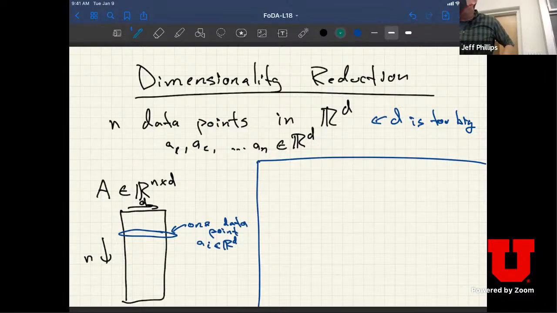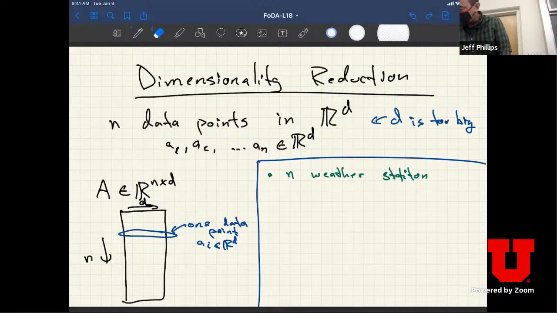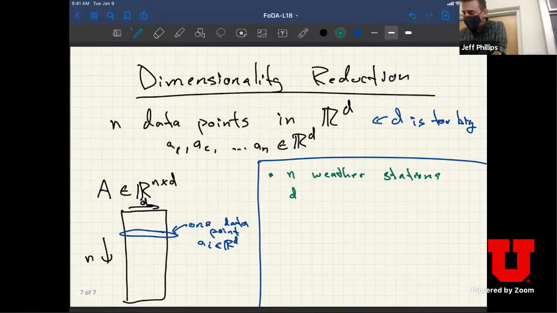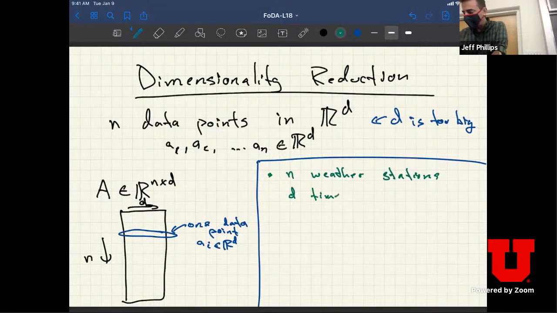So one example, I'm going to have n weather stations, and I'm going to have D times where I measure the temperature.